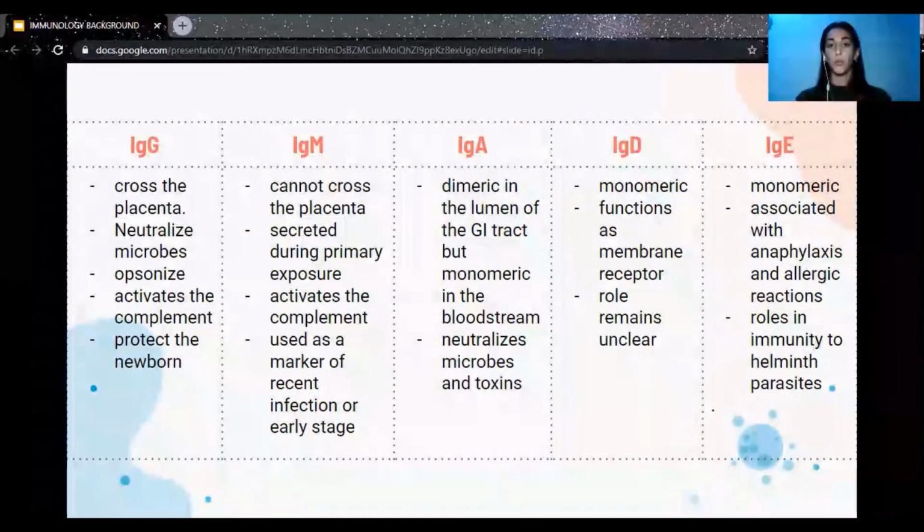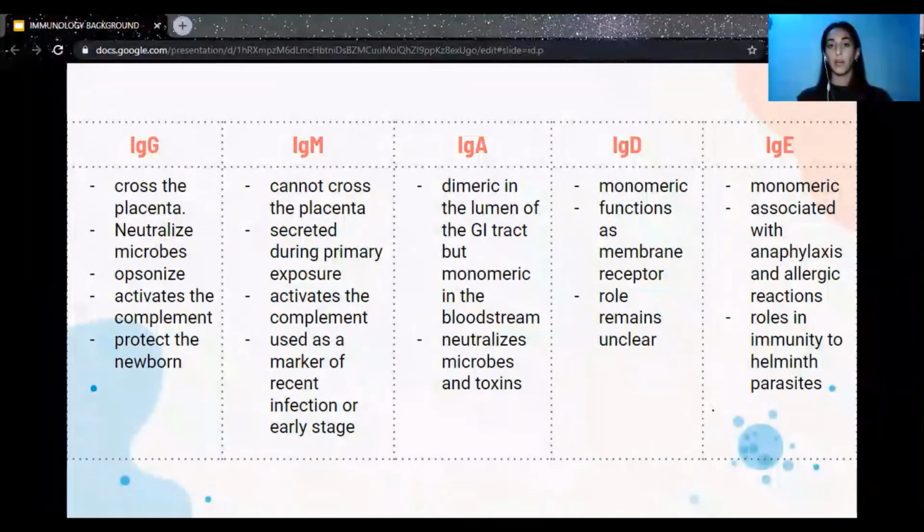Therefore, when we do a blood test or antibody titers in the host body, if IgM is there, it's showing us that the infection is right now. The infection is in an acute stage. And then we have to remember that IgG is an antibody that is secreted later, after IgM.